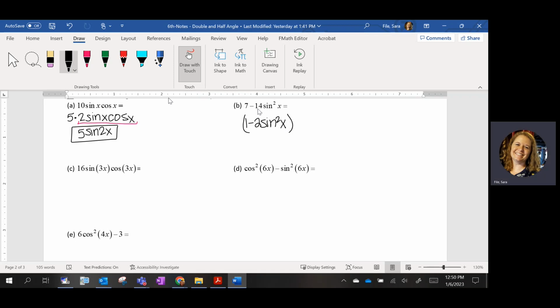Is there something I could factor out of this expression to be left with this? The 7. Okay, so if I factor out the 7, now I'm left with one of the versions of the cosine double angle identity. So I could rewrite that as cosine of 2x, and then I've still got the 7 in front.